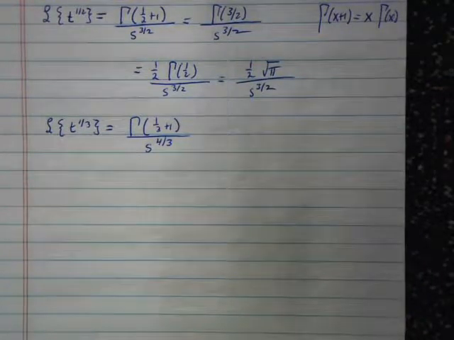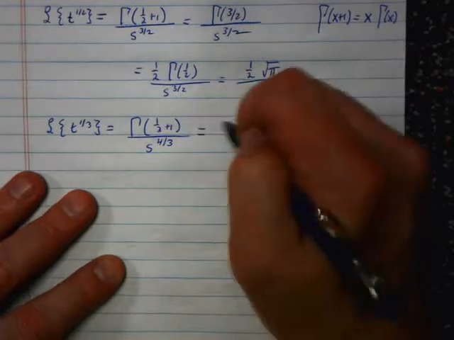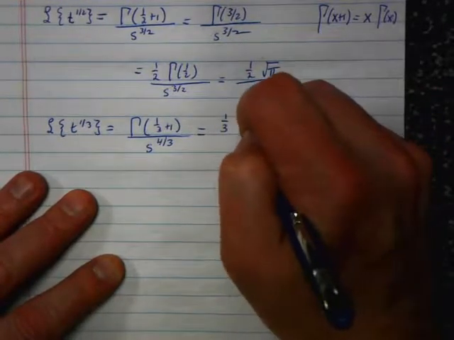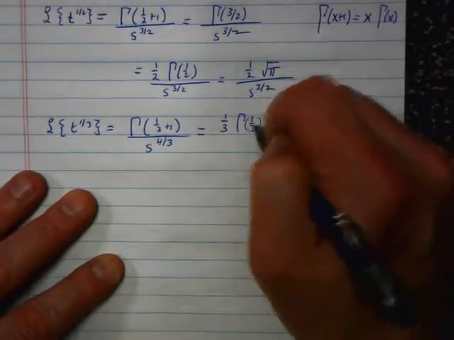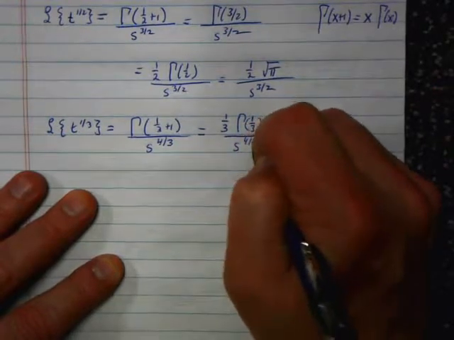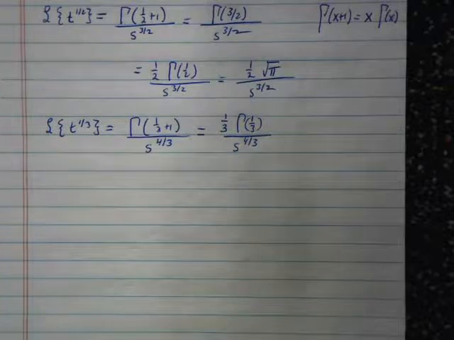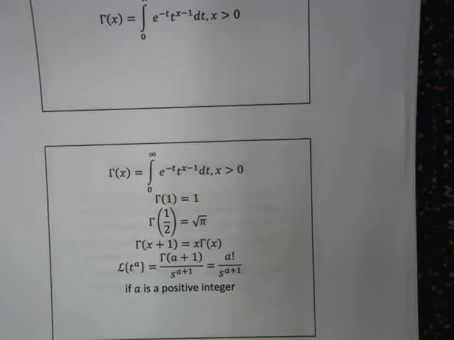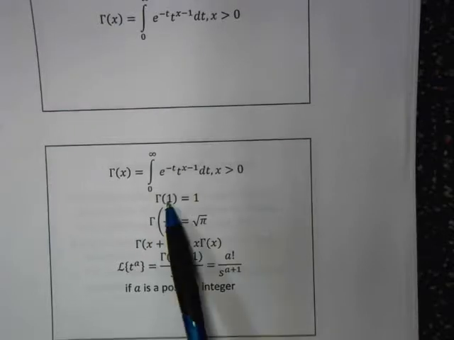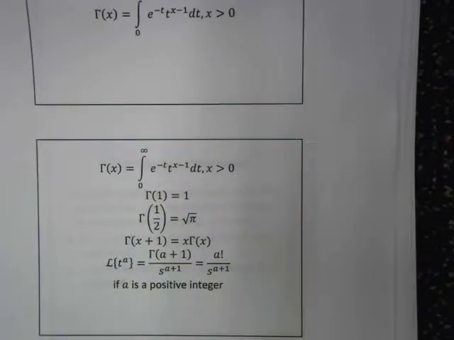That becomes 1/3 gamma of 1/3 over s to the 4/3. Unfortunately, I don't know what gamma of 1/3 is. The only two I know are gamma of 1 and gamma of 1/2. How much is gamma of 1/3? I don't know. I don't know either.